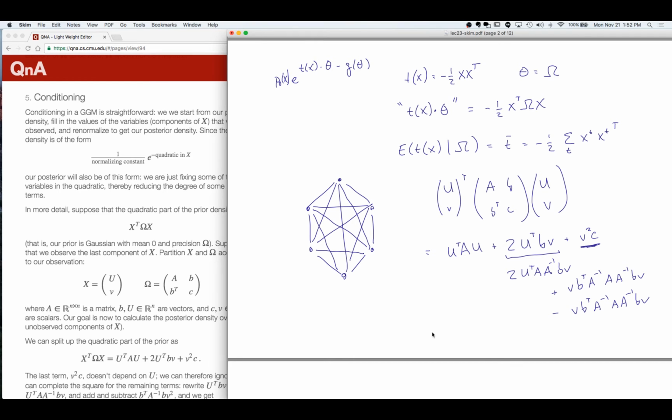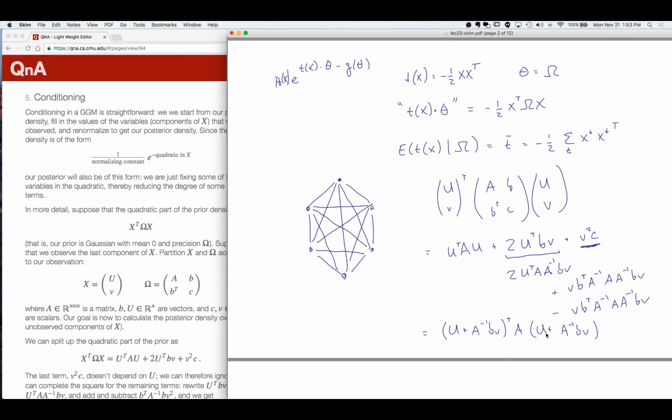And if we do that, we can factor out and we get u plus A inverse B v, transpose, A, u plus A inverse B v.